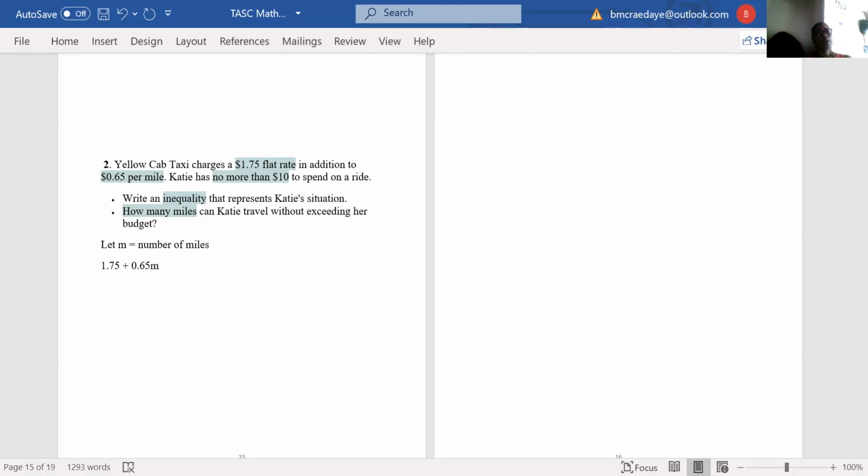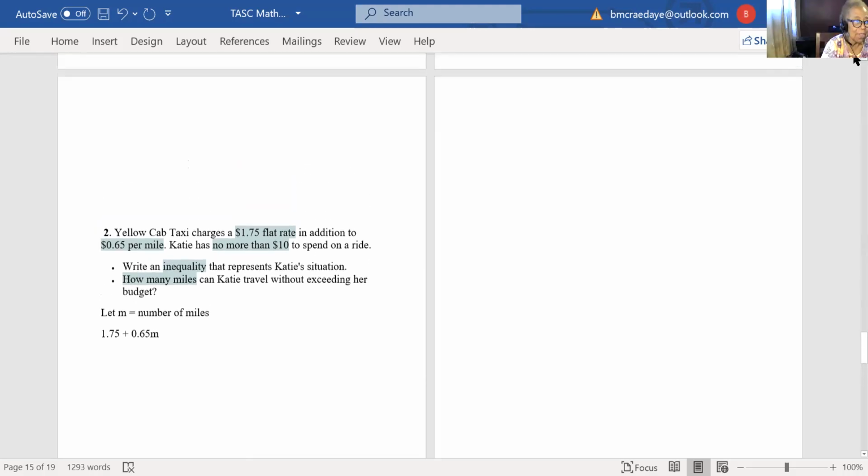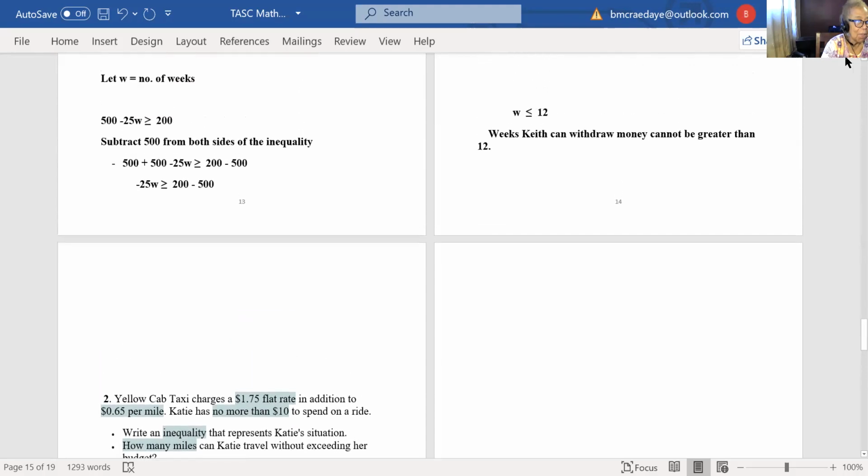It has no more. What would it be, Vanessa? What would be the inequality symbol? Would it be less than? No. Less than or equal. That's right. Very good. Okay, so let's get our symbol for less than or equal, which is this one.